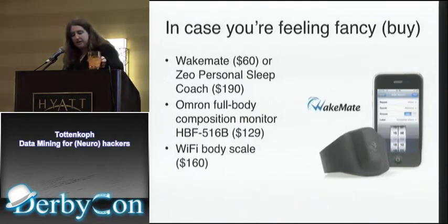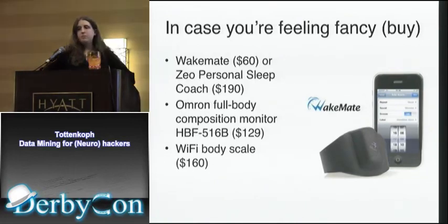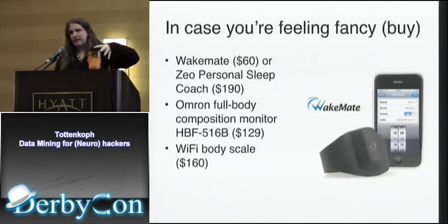In case you're feeling fancy, you can also buy a WakeMate or a Zeo personal sleep coach, which is like a cuff that you wear on your arm, and then it tracks you while you sleep. It senses movement because it has an accelerometer in there, and how long you stay asleep.